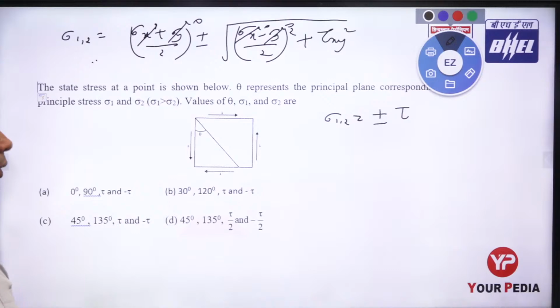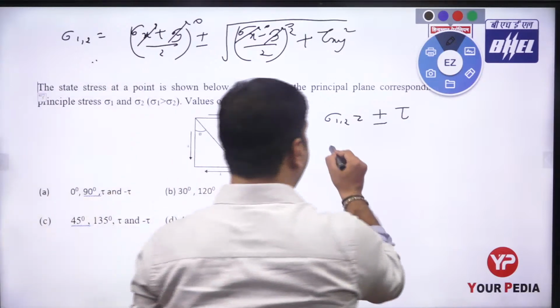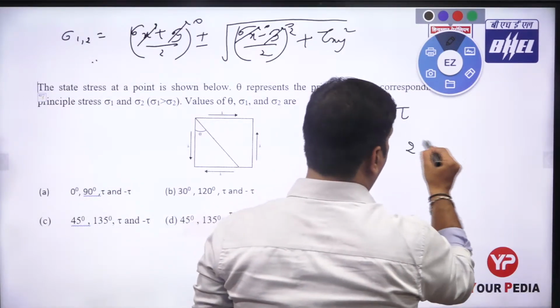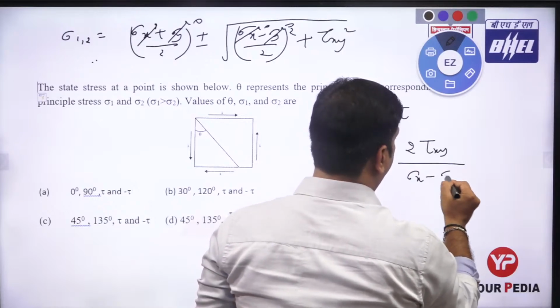Plus or minus tau. Now if I talk about the angle, tan 2 theta equals 2 tau xy upon sigma x minus sigma y.